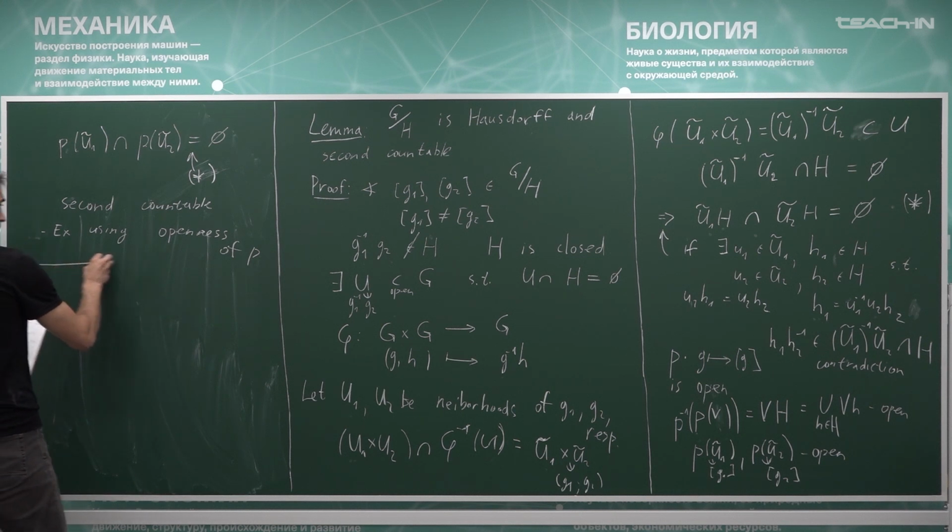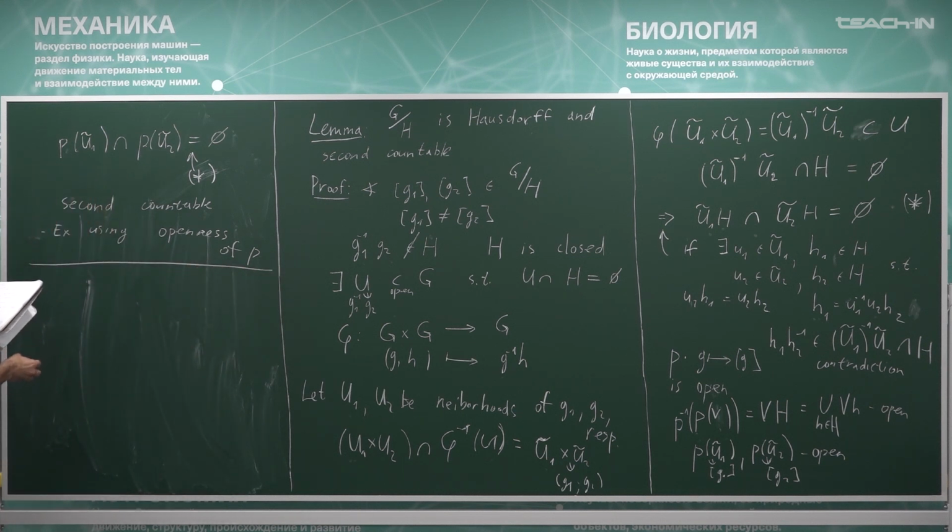So how do we do this? Let us consider a chart around identity in G. So consider phi. So chart is what?